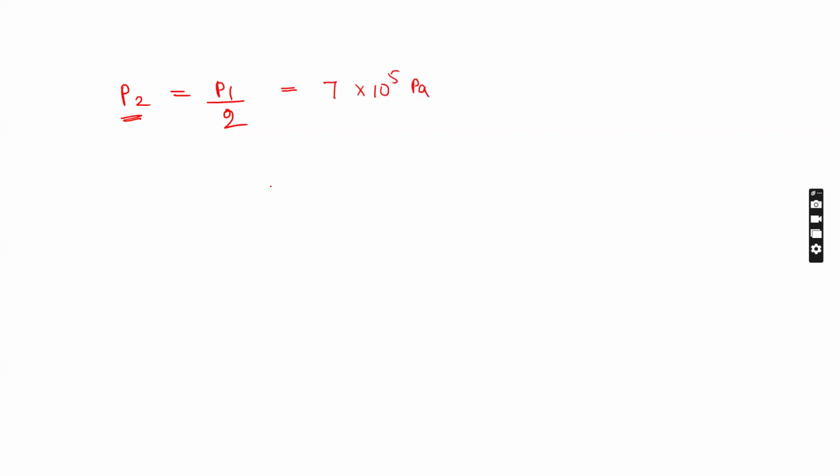If we bring P out of the integral in minus integral P dV, we have minus 7 into 10 power 5 into V2 minus V1, which is 0.03 meter cube. So it is equal to minus 21 kilojoules.